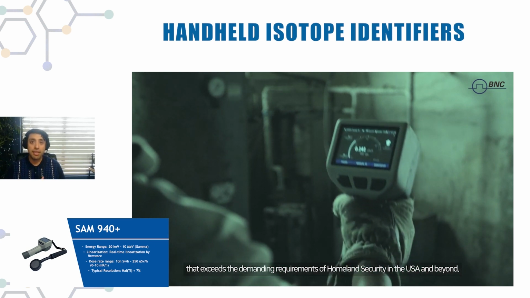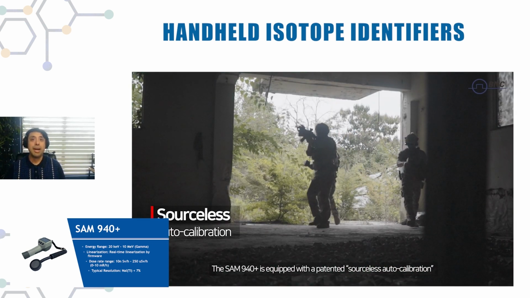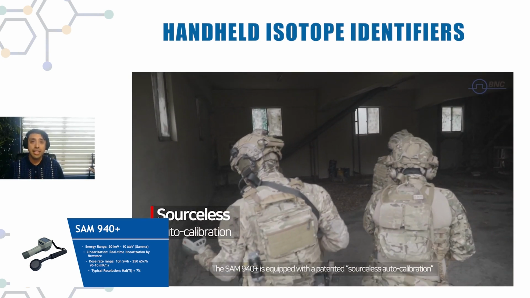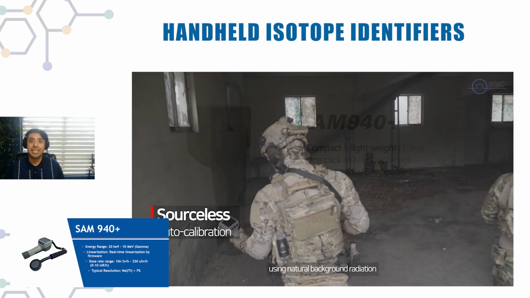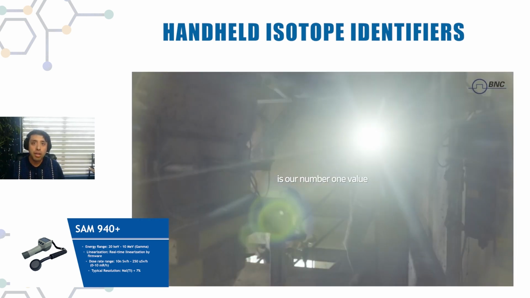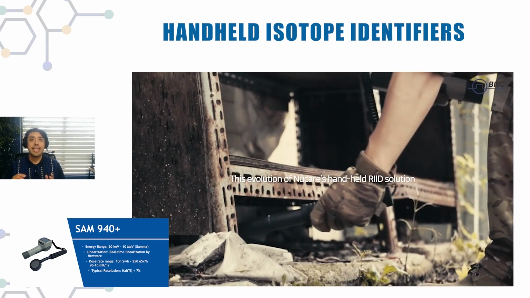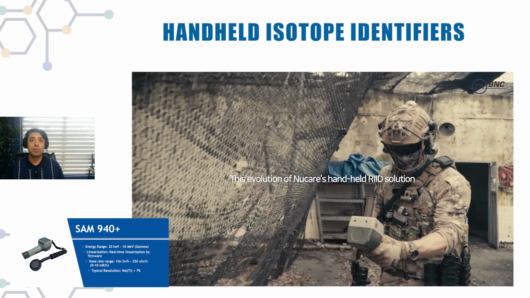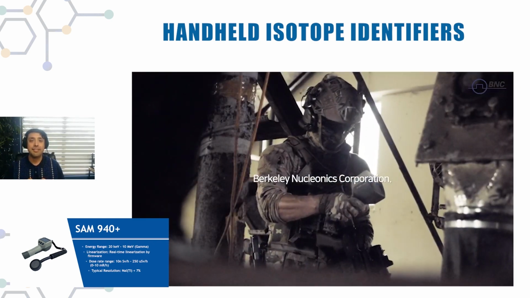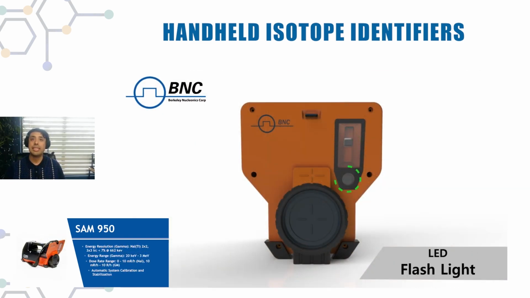The SAM 950, also known as the rugged RID, combines the portability of handheld devices with enhanced detection capabilities, making it a versatile tool for first responders and safety personnel. These handheld isotope identifiers represent a significant advancement in the field, providing very critical capabilities that enhance safety, security, and research across the globe.